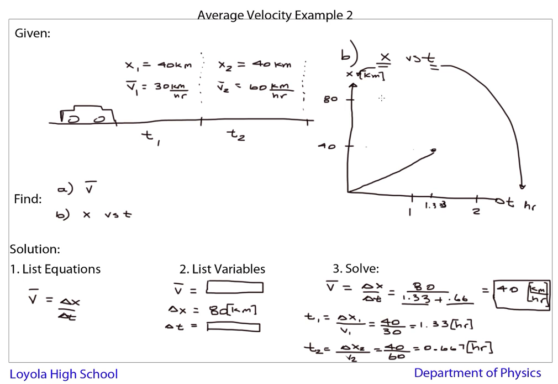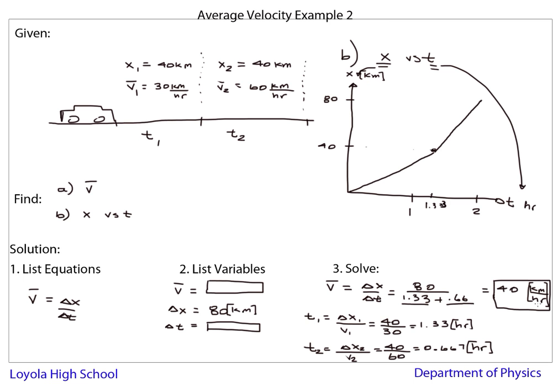And then, if I map this point over here, I get a higher slope line to travel the remainder of the trip, which is the 0.667. So here you can see that I have a low sloping line, which is the 30 kilometers per hour, and I have a higher sloping line that is 60 kilometers per hour.